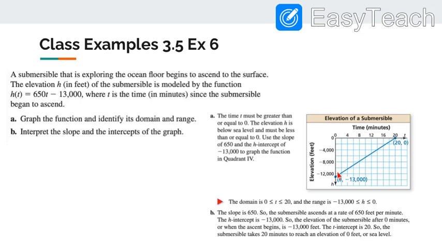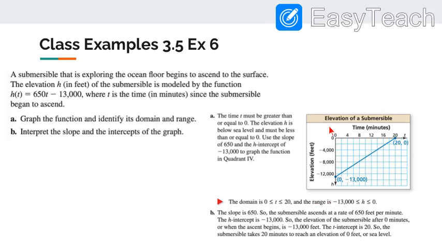For every minute, in this case, because t is in minutes, we're going to go up 650 feet. This is the type of graph that is a little bit easier to graph and figure out once you have points. So we're going to graph the function. You could use Desmos or GeoGebra or any graphing calculator to help you out. The domain goes from 0 of time when it starts to 20 when it gets up to the surface.